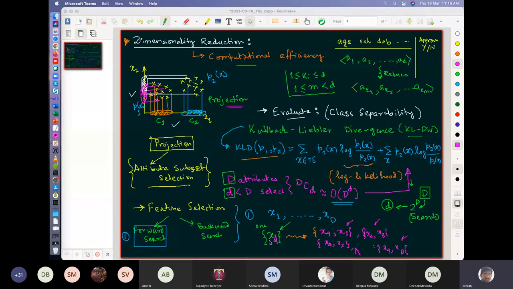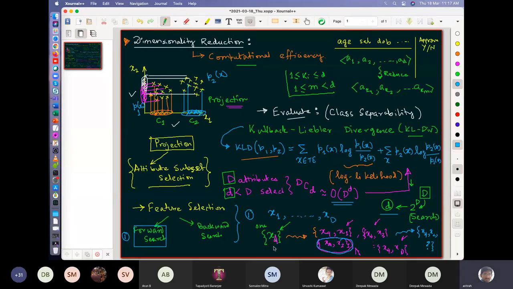So here you see, one by one, I am going forward and incorporating one attribute at a time, selecting whichever is best. Let's say this becomes the best. Then again I move on and figure out the third component of the attribute set. In this way, I continue until I get small d attributes selected.